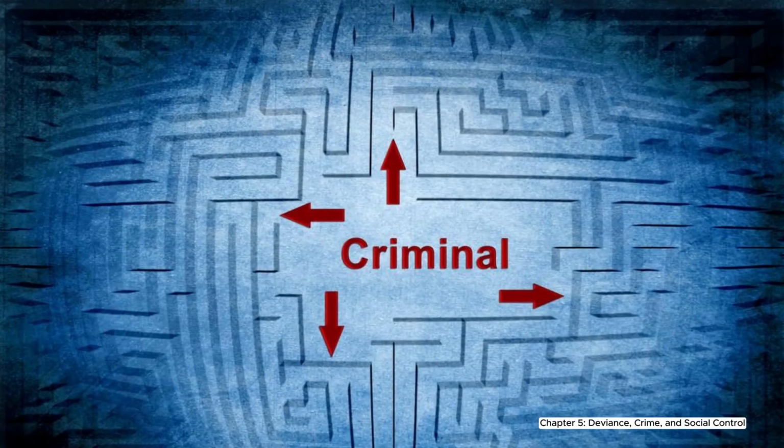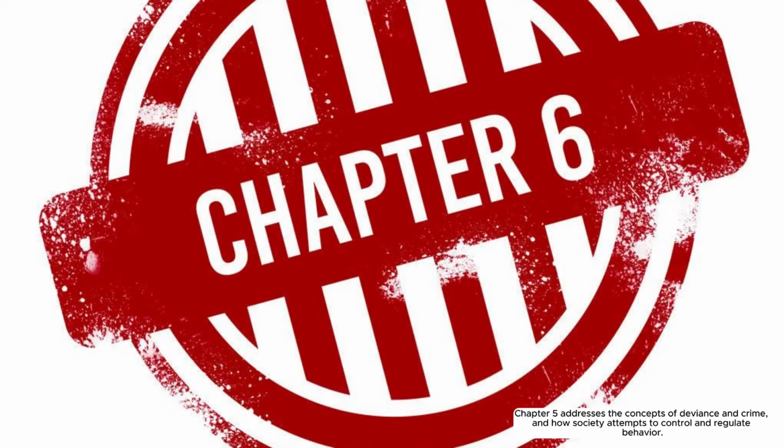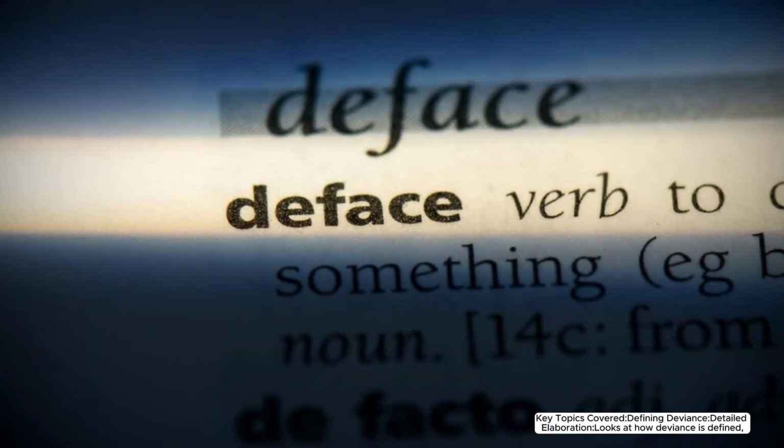Chapter 5. Deviance, Crime, and Social Control. Chapter 5 addresses the concepts of deviance and crime and how society attempts to control and regulate behavior. Key topics covered: defining deviance.